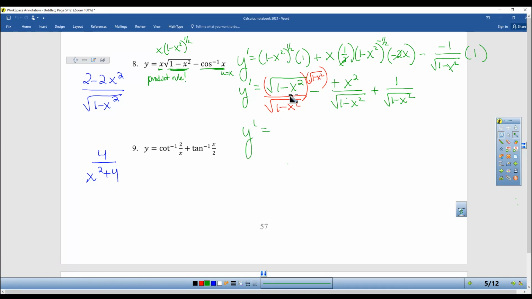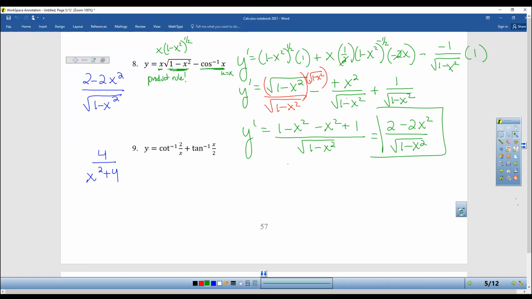This numerator, the square root and the square root cancel. 1 minus x squared minus x squared plus 1, all over the common denominator of 1 minus x squared. And that gives me 2 minus 2x squared over the square root of 1 minus x squared. These are hard. I know it. So good job.